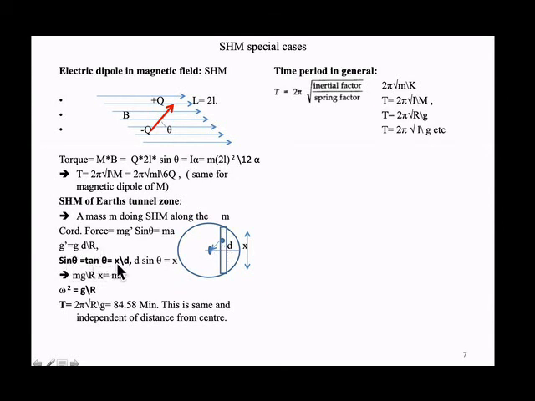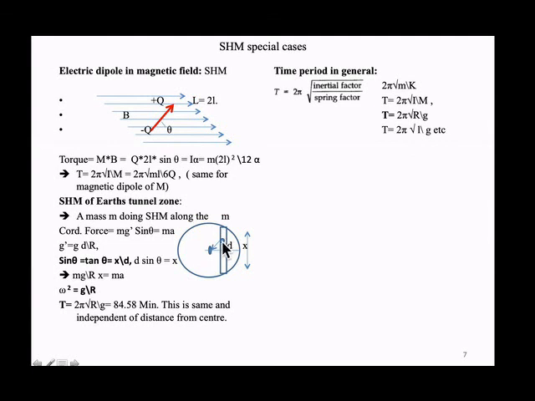So what is tan theta here? If this is x, tan theta is x by d. That means d tan theta, or sin theta, d sin theta is x. So if I make an equation, mg dash sin theta is equal to ma. This is mg. g dash is g into d by r.